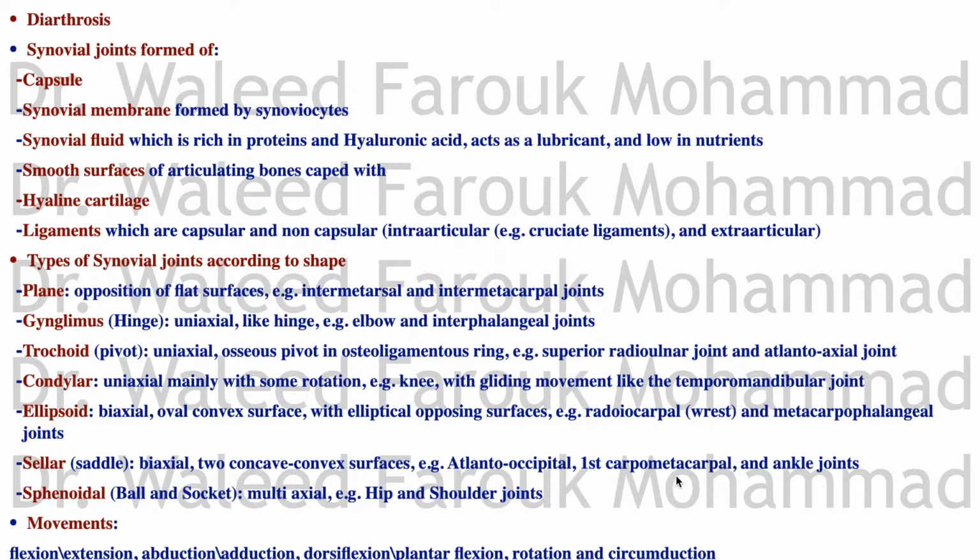The saddle type also includes the first carpometacarpal joint. You all know the free range of movement of the thumb. It's because of the saddle type of the first carpometacarpal joint, and also the ankle joint. Spheroidal or ball and socket joints are multiaxial, meaning free range of movement, like the hip and the shoulder joints.